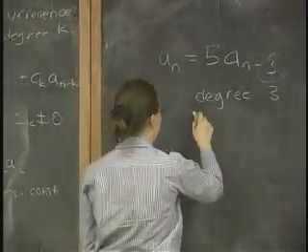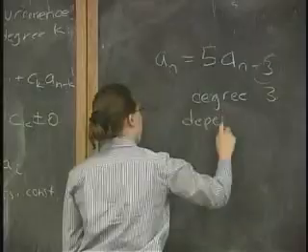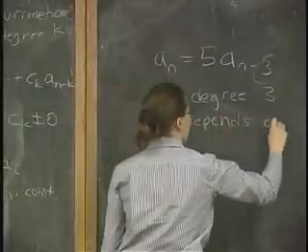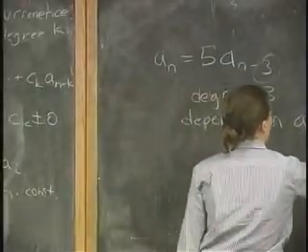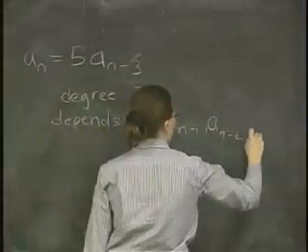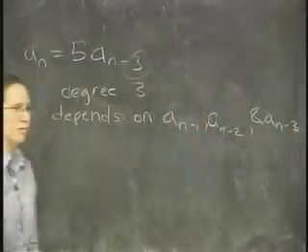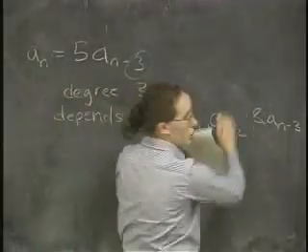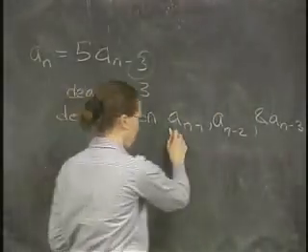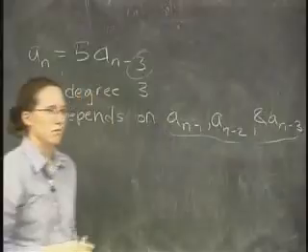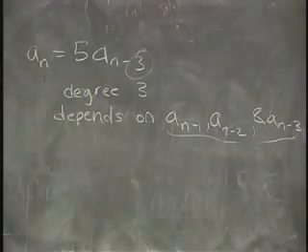So, in theory, this depends on a_{n-1}, a_{n-2}, and a_{n-3}, even though these sort of don't appear, but we have to go all the way down.